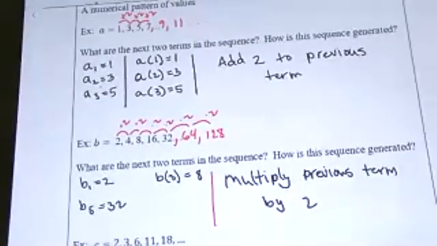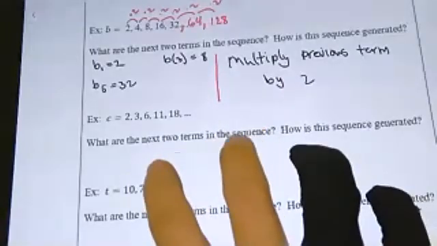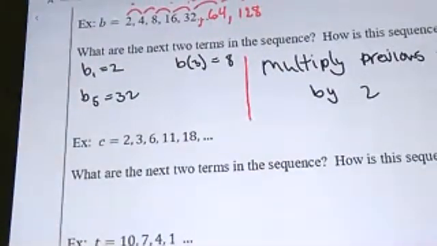Okay, so that's how we're generating that one. We're multiplying the previous term by 2. Okay, next one's a little harder. So 2, 3, 6, 11, 18.